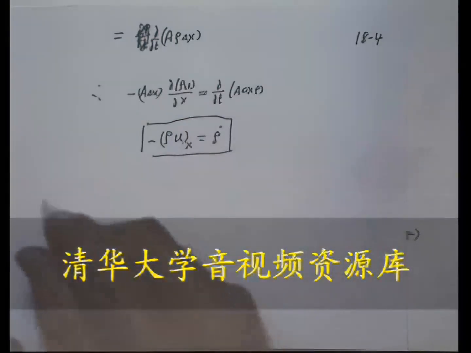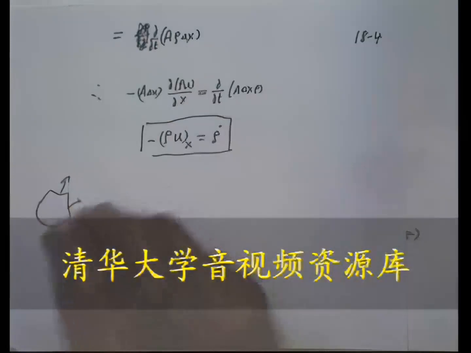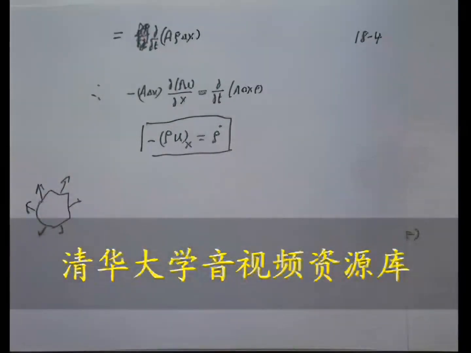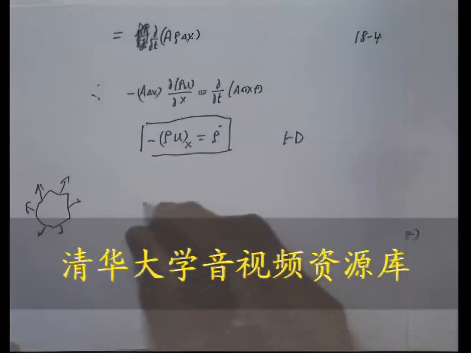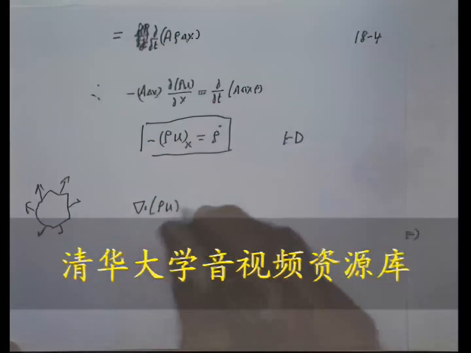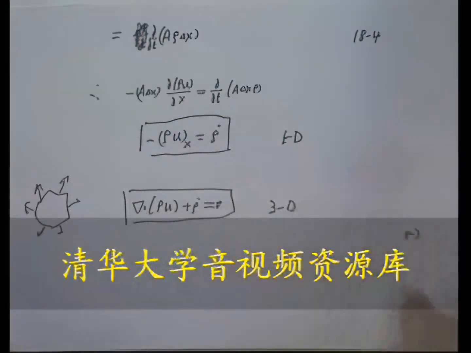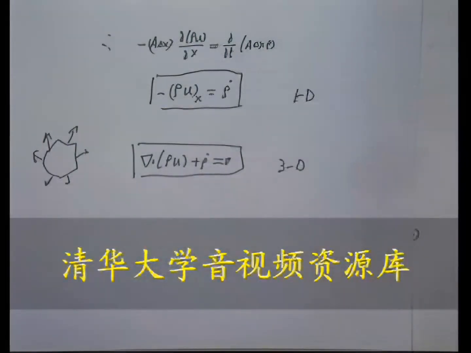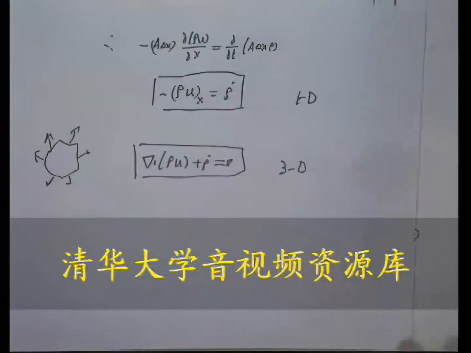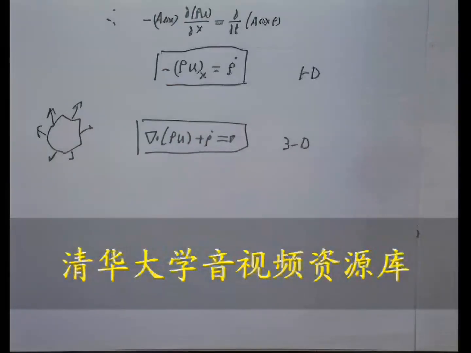We discussed one dimension; if it is a three-dimensional motion, the air mass can be moving in all directions, and it becomes the divergence of rho u. It is only a matter of balancing the mass: mass moving out, mass moving in.